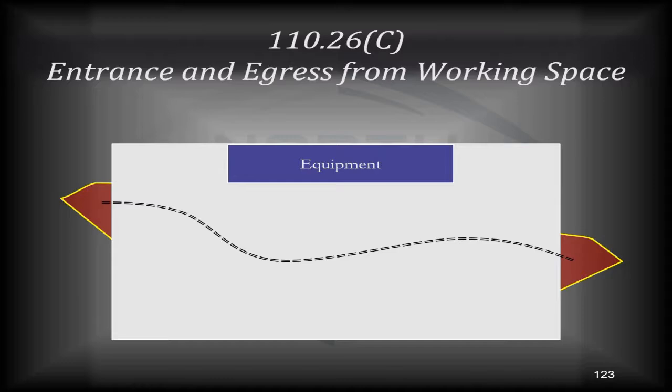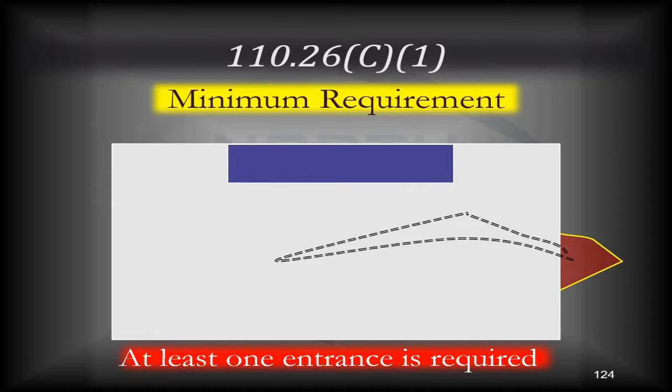110.26(C) talks about entrance and egress from the working space. 110.26(C)(1) talks about minimum requirements. At least one entrance is required.